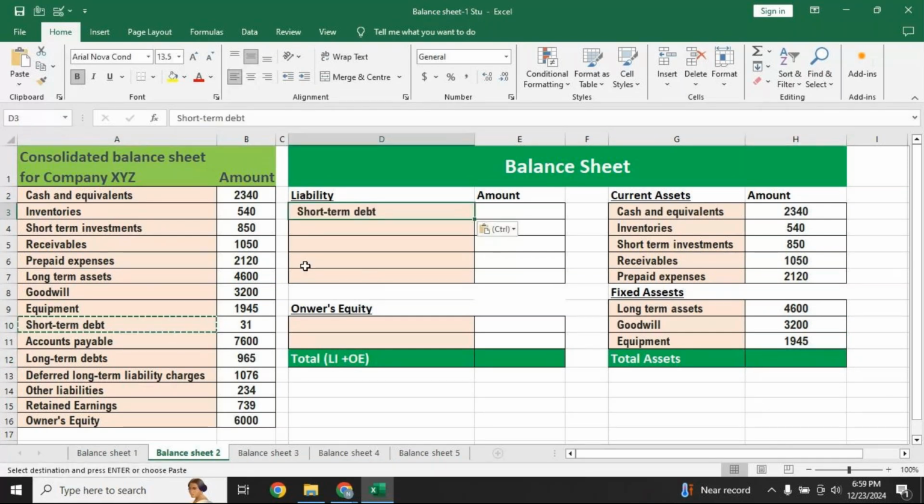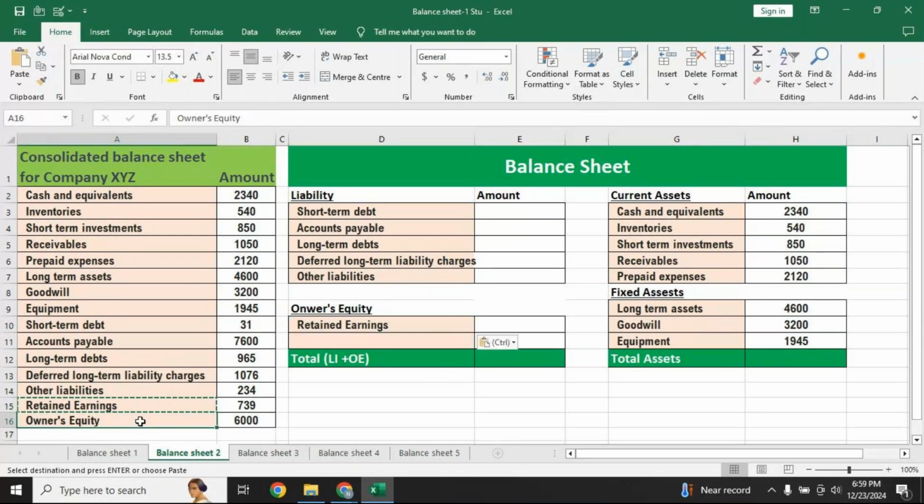Long-term debts, accounts payable, long-term debts, deferred long-term debts, other liabilities, retained earnings, ownership.